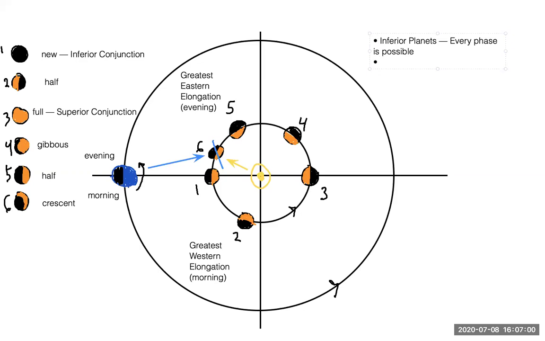One of the other takeaways here is that because of the position of Earth, these planets are only visible during the morning and evening, or during an eclipse.